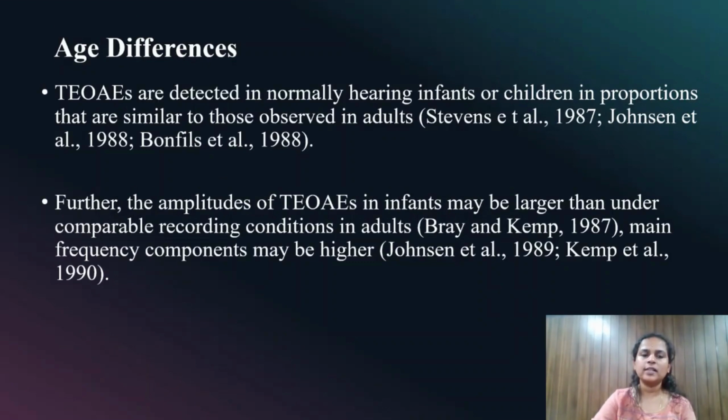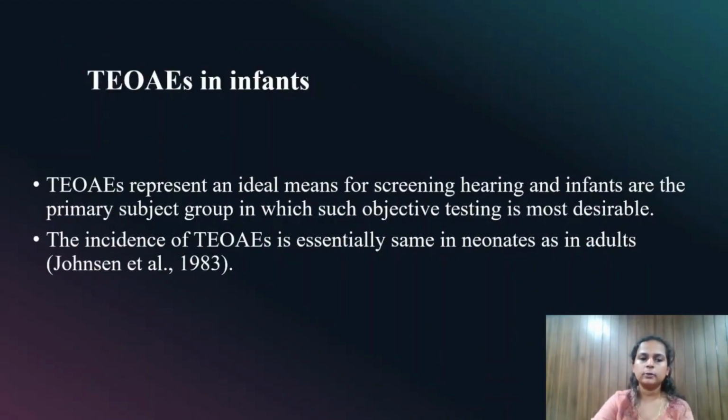TEOEs are detected in normal hearing infants and children, similar to adults, and the amplitudes of TEOEs in infants are larger than in adults, and main frequency components may be higher in infants. TEOE is ideal for screening hearing tests, infants are the main subject group, and the incidence of TEOEs in neonates is the same as in adults.